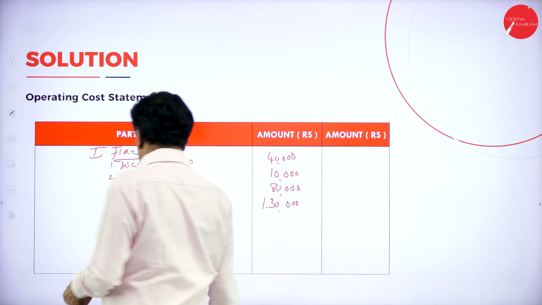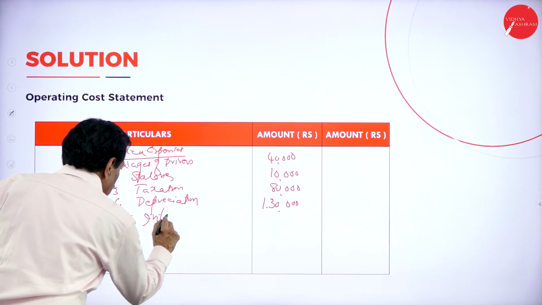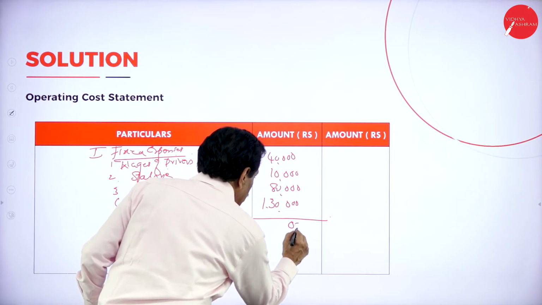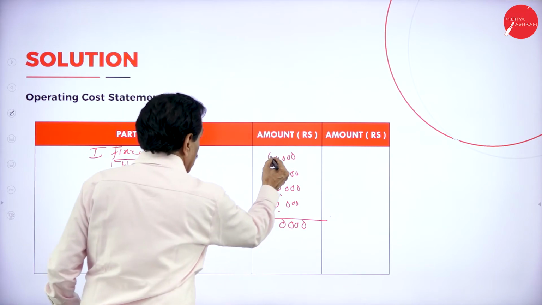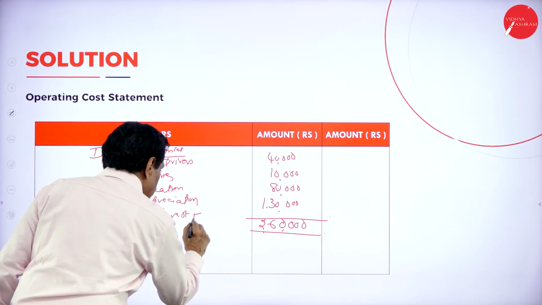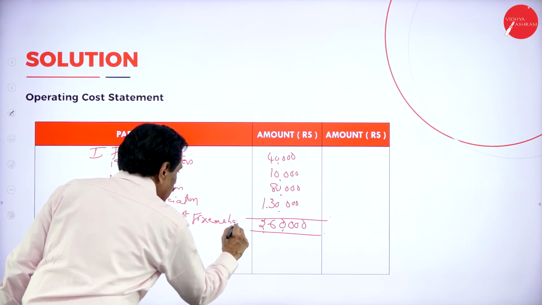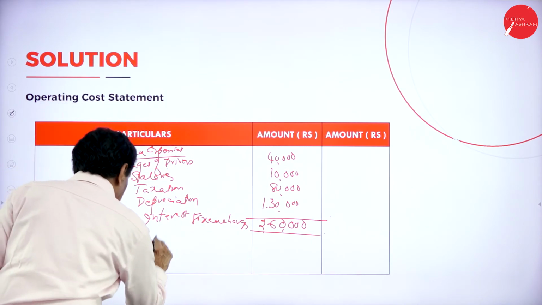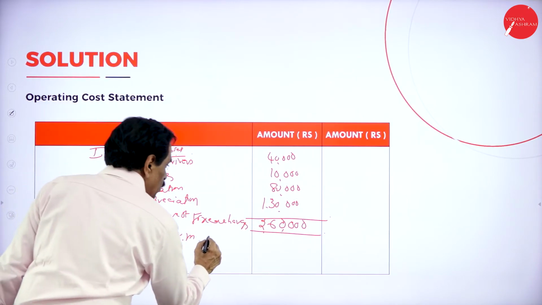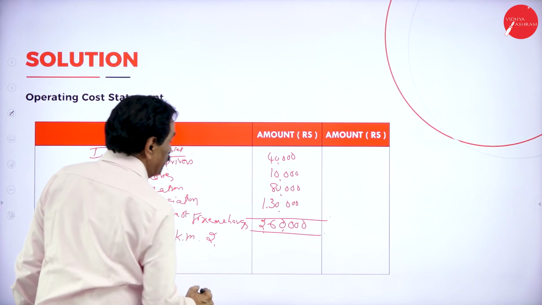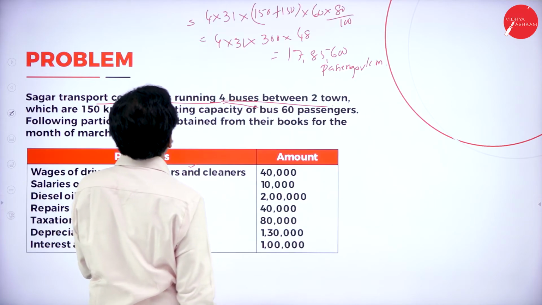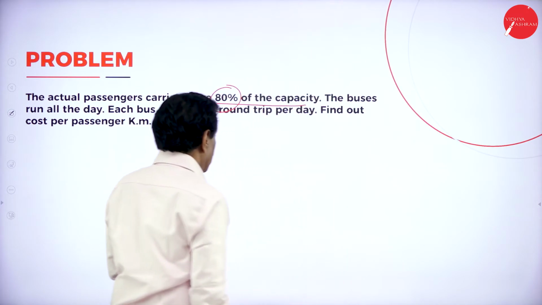Interest, add 1,00,000, total 2,60,000 fixed charges. Fixed charges per kilometer, cost per kilometer: 2,60,000 divided by 17,85,600.